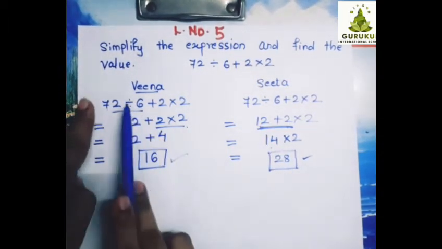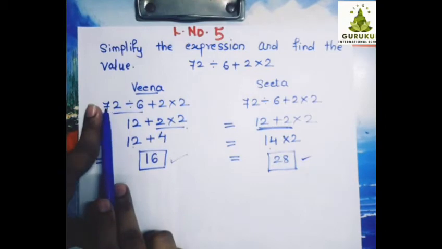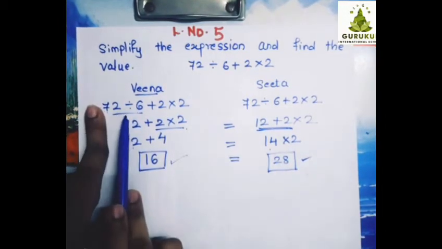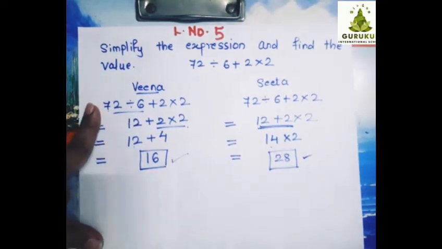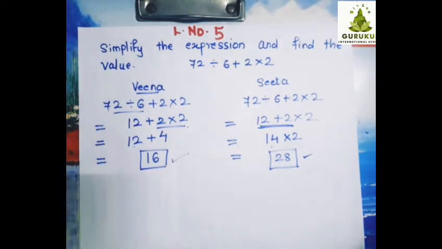When you see the sum from the left hand side, if division comes first, do division. If multiplication comes first, do multiplication first. We should always follow that method.